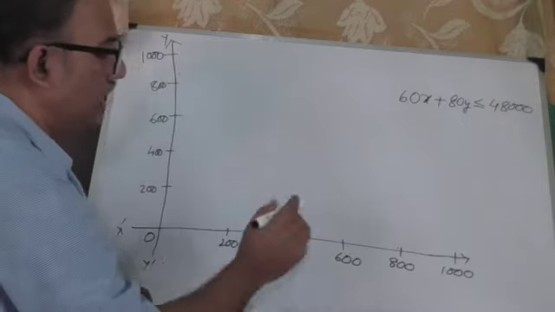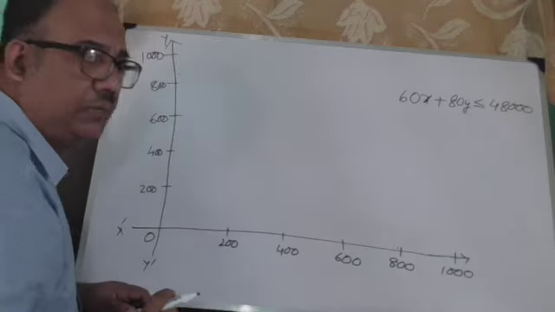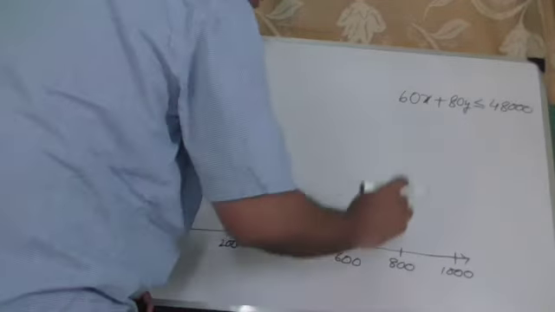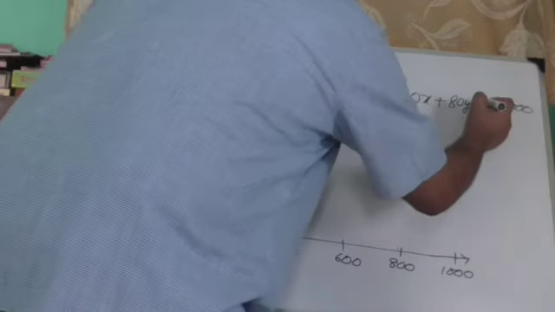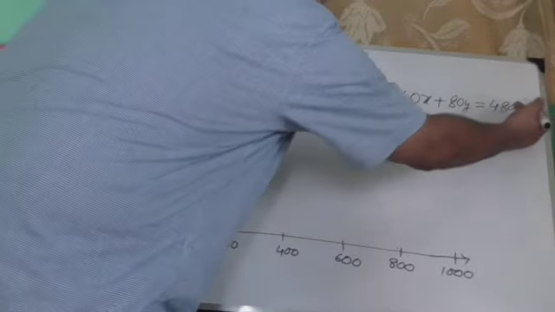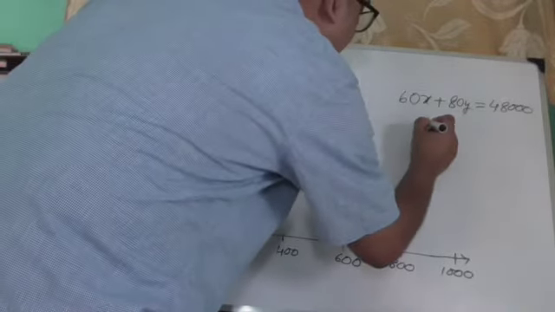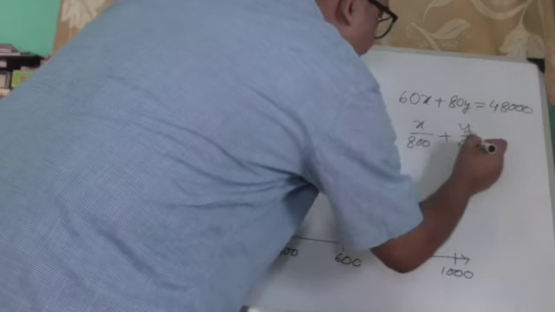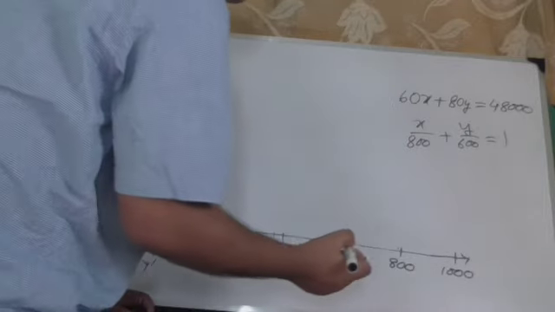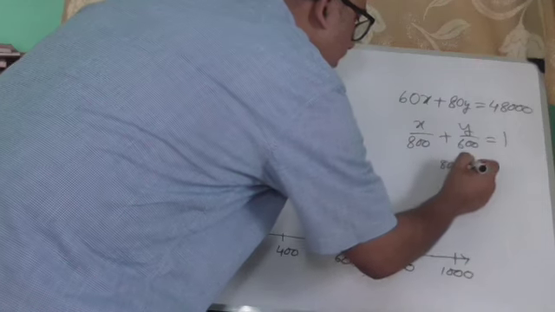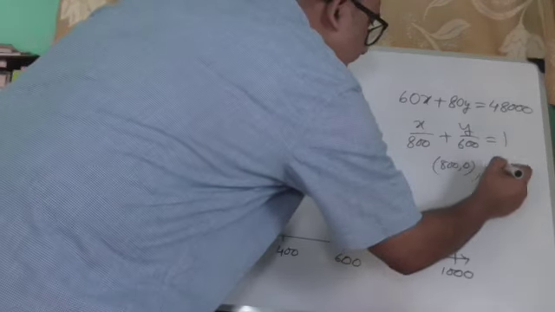So on the x-axis and y-axis we have put the scales, and as we have said, we will write the equation of the straight line in intercept form. So we take the equality sign instead of the less than or equal to sign, and try to write it in the intercept form. If you divide by 48,000, then the equation becomes x by 800 plus y by 600 equals 1. That means for this straight line, the two points are (800, 0) and (0, 600).